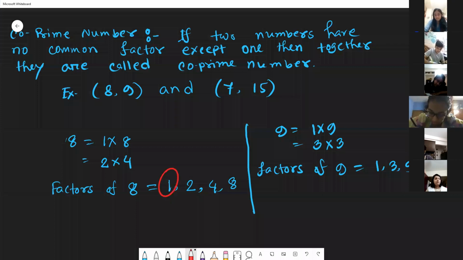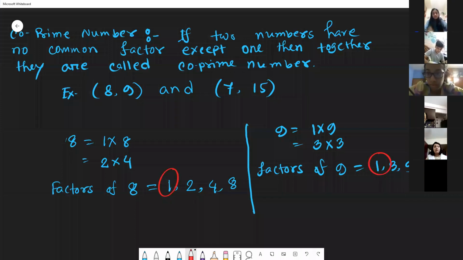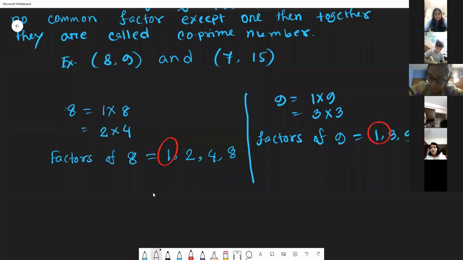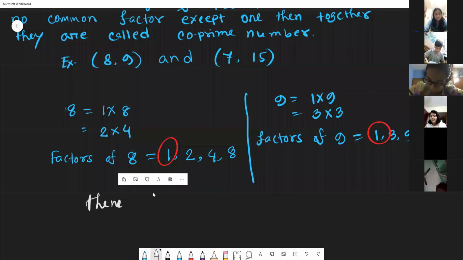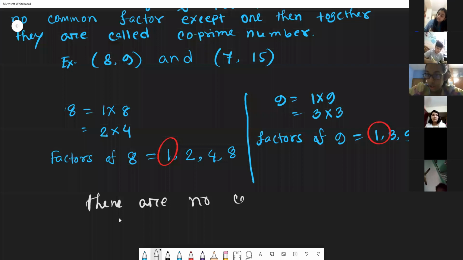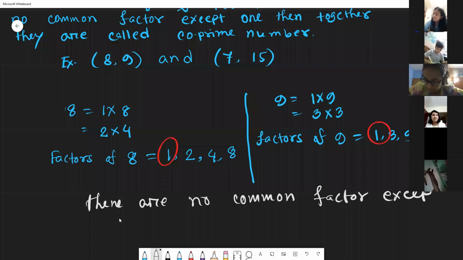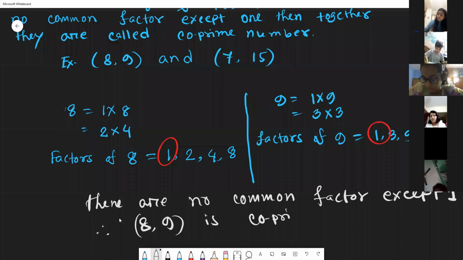There are no common factors except 1. So 8, 9 is a coprime number.